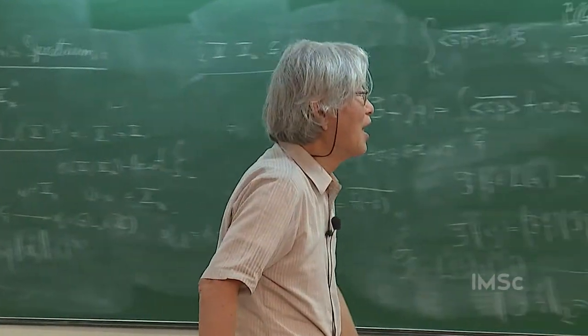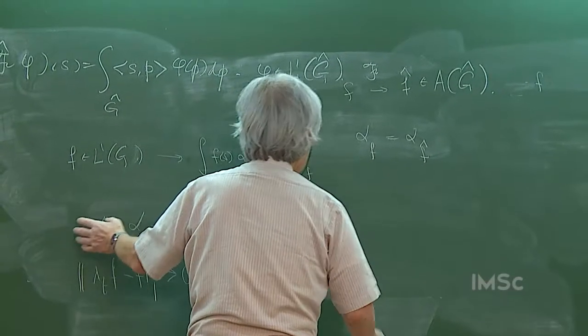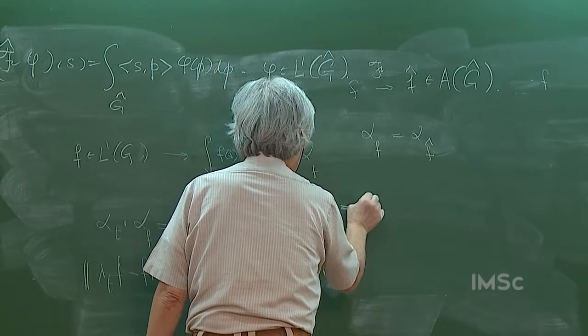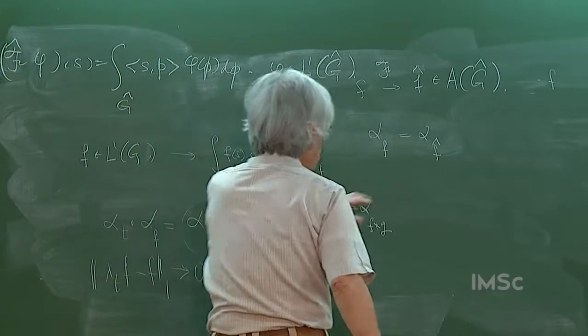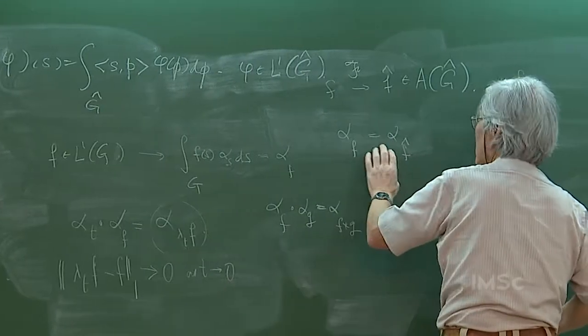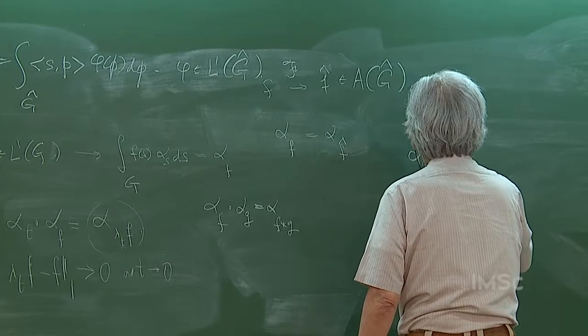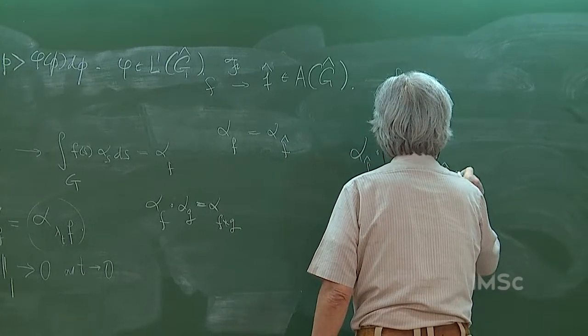But what is nice about it is the following: alpha of f following alpha of g is precisely convolution. But in this notation, alpha of f hat times alpha of g hat equals alpha of the pointwise multiplication.